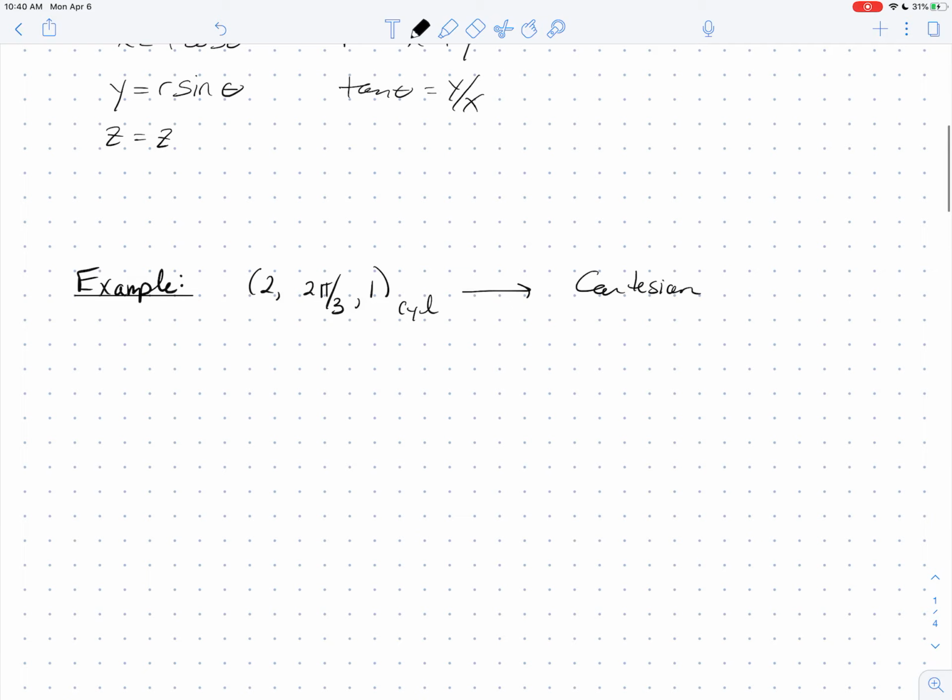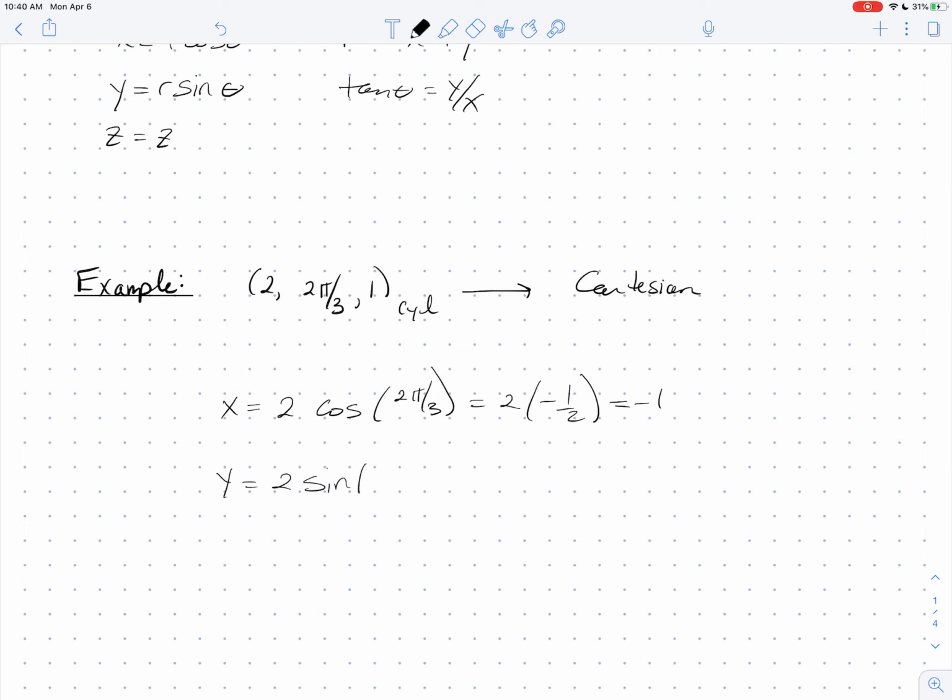Let's convert this point in the cylindrical coordinate system to a point in the Cartesian coordinate system. And so we're just going to realize that, well, x is r cosine theta, so x is 2 cosine of 2 pi thirds, which is 2 times minus a half, which is -1.